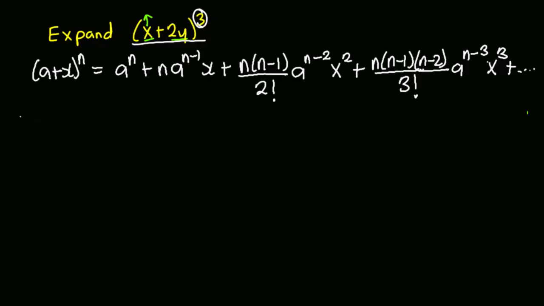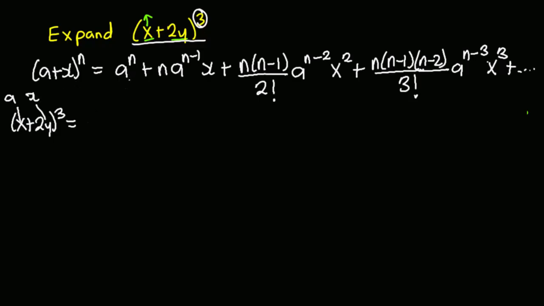And so to do that, x plus 2y exponent 3. In this case, our a is x, and then our x is represented by 2y.